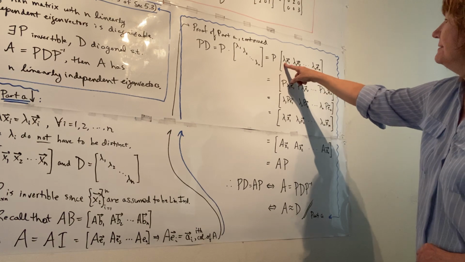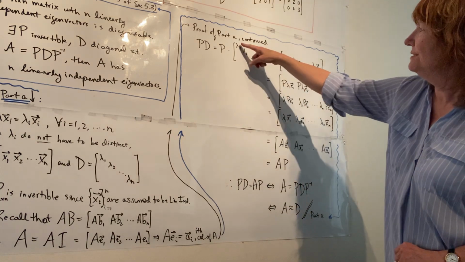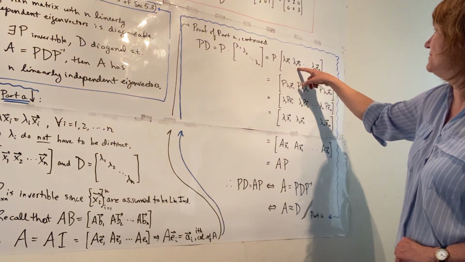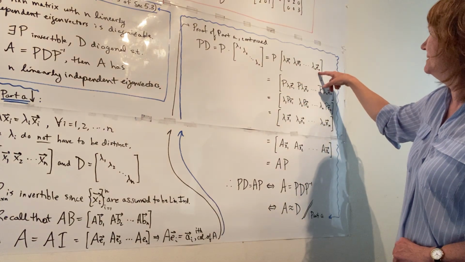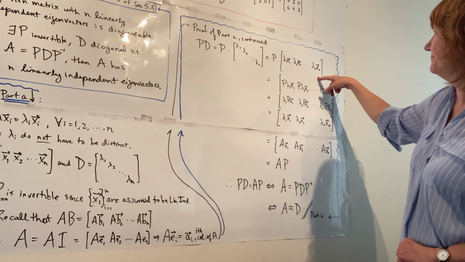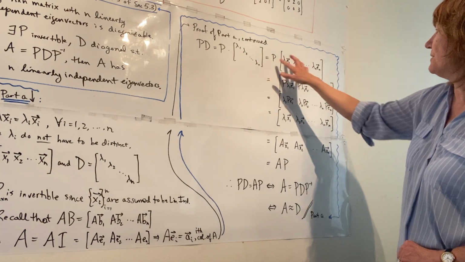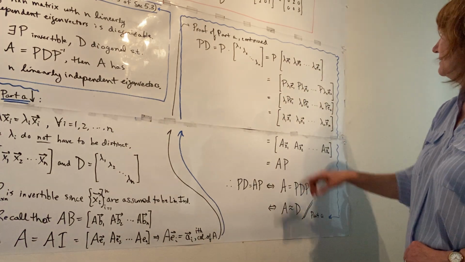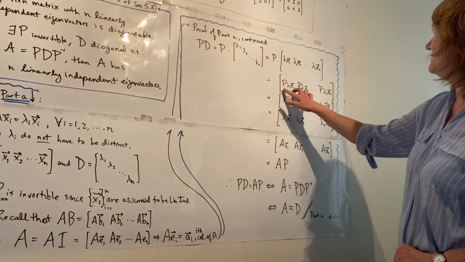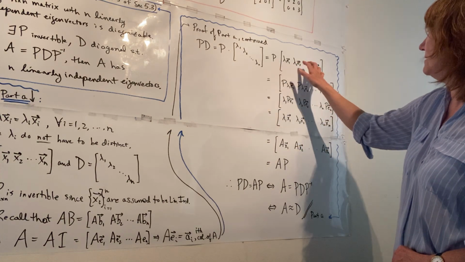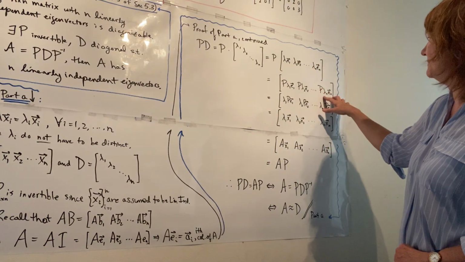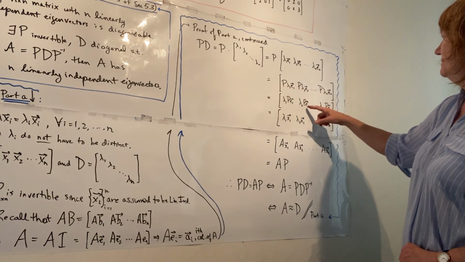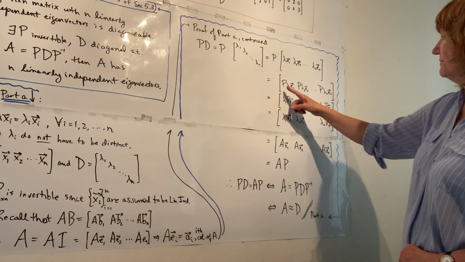If you take lambda 1 and multiply by e1, that is exactly what that first column is. Lambda 2 e2 is the second column, lambda n en is the nth column. Multiplying this matrix by that, by our nice little trick that we've been using over and over again, just gives you P times the first column, P times the second column, P times the nth column. What's going on from here to here? We're just scooting the scalar out in front of the matrix.